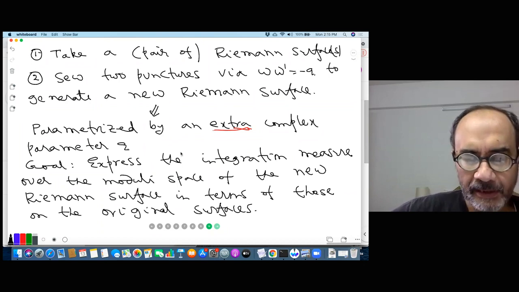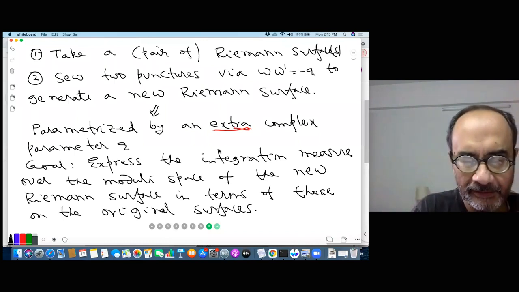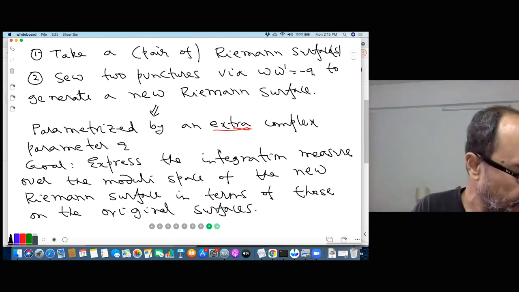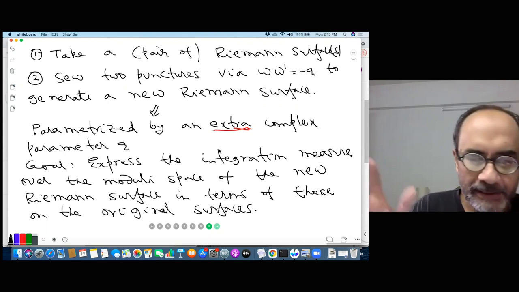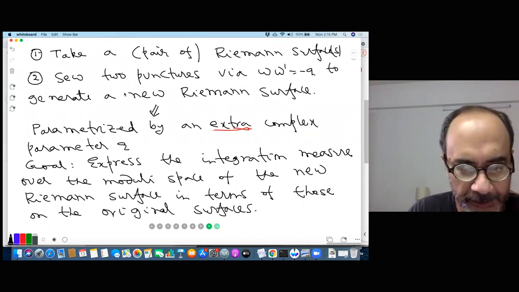In other words, the new Riemann surface has its own omega, because the genus has changed and the number of punctures has changed. The original Riemann surfaces had their own moduli spaces, so they were accompanied by their own omega, those p forms that we had introduced. And what we want to know is how the new omega is related to the old omegas. This question may not be making very much sense, but I'm going to write down the formula where it might make more sense.